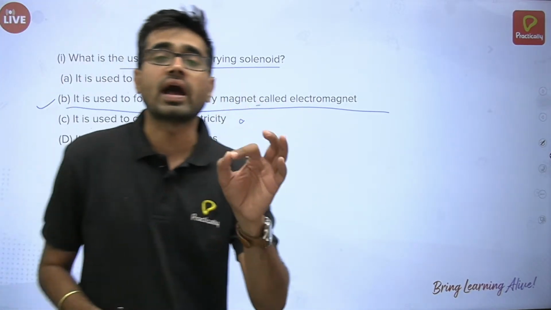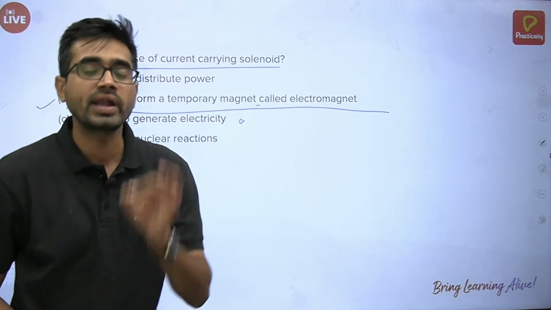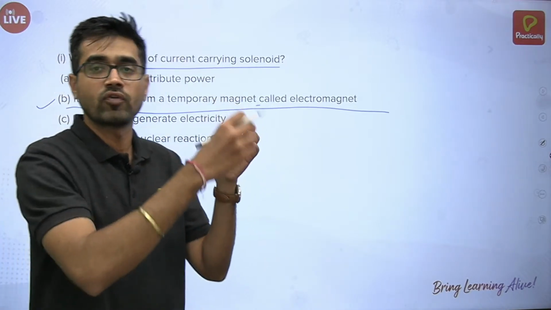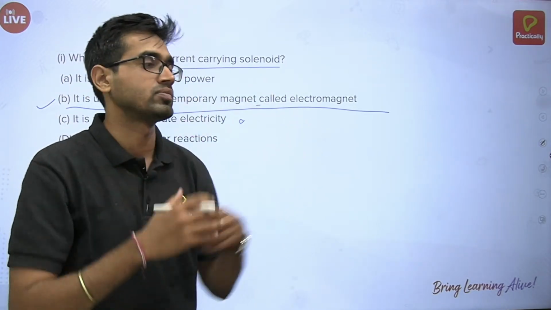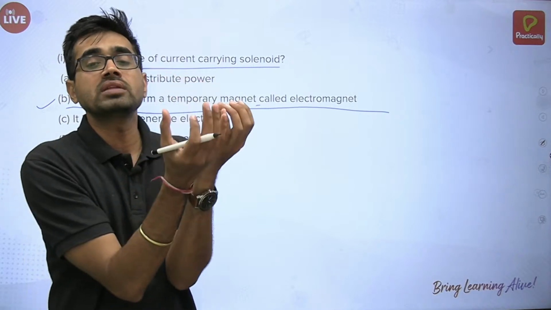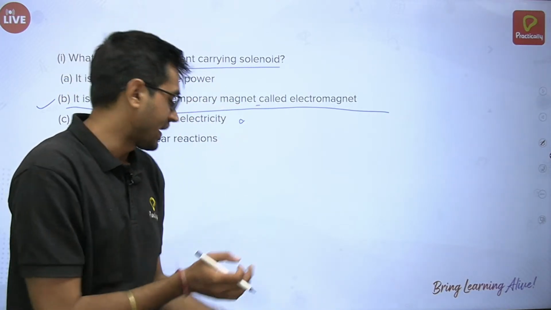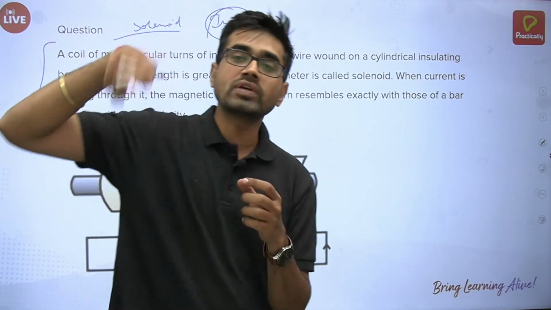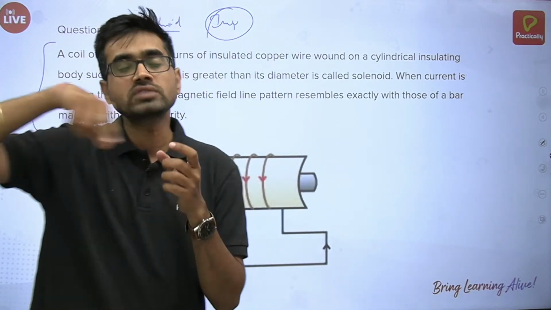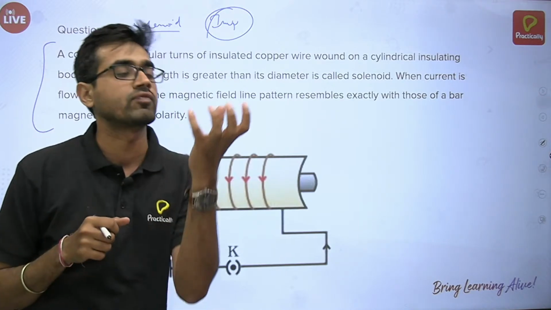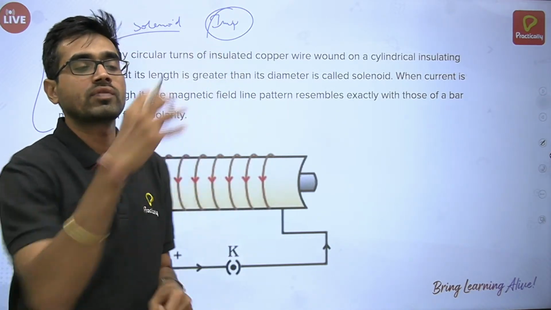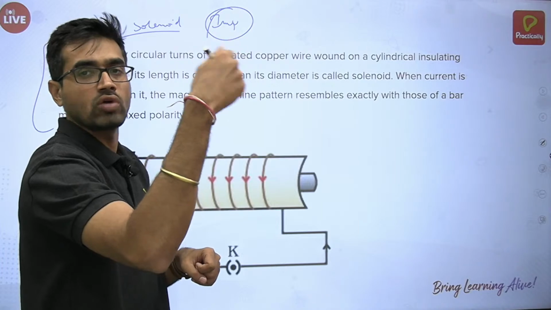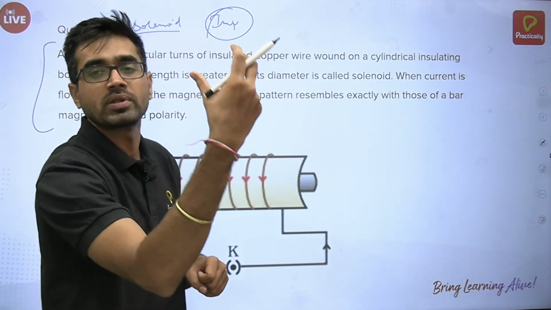The moment a current is passed through a current carrying coil formed in the shape of a long cylindrical tube, it resembles a bar magnet. It has a north pole and a south pole. If the current is flowing in the anti-clockwise direction, that face resembles a north pole. If the current is flowing in the clockwise direction, it resembles a south pole.